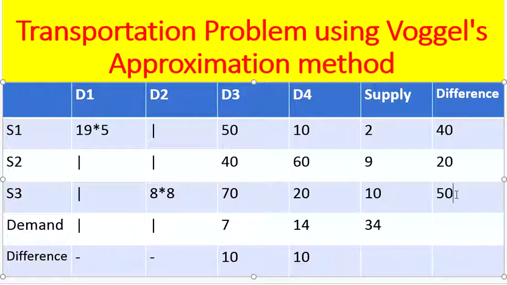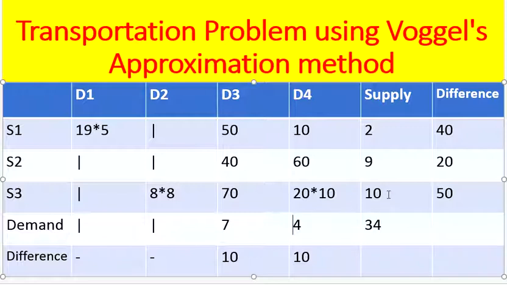So which difference is greater? The 50 difference is greater, so we have two operations for that. So we choose 20, and 20 has a supply of 10 and demand of 14, so it satisfies the supply, so it should be multiplied with 10, and demand should be modified: demand is equal to demand minus supply, so 14 minus 10 it should be 4.